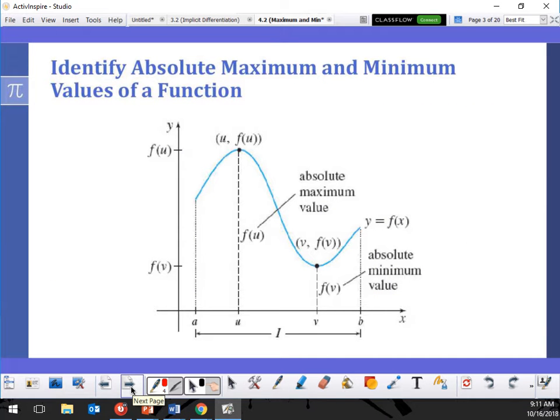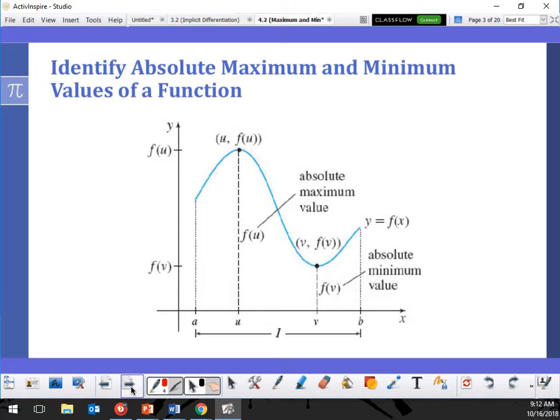Identify the absolute maximum and absolute minimum. The absolute maximum would be the absolute highest point on this graph, which would be at, say, u. So the point is at u, but the value is f of u.